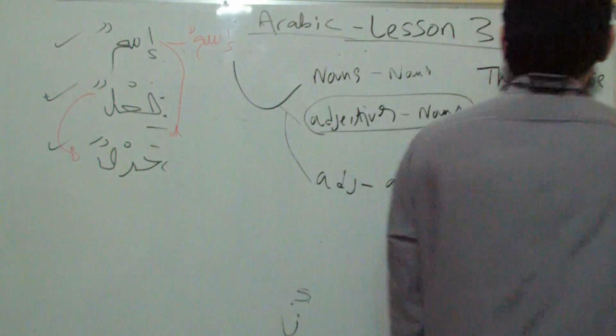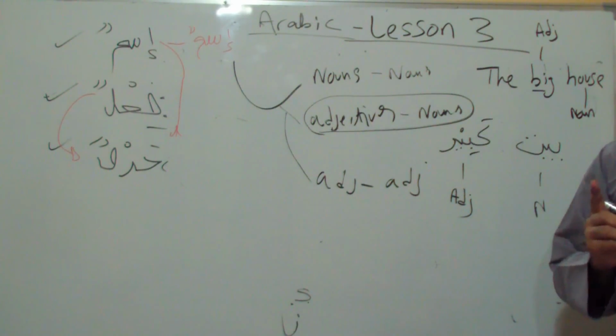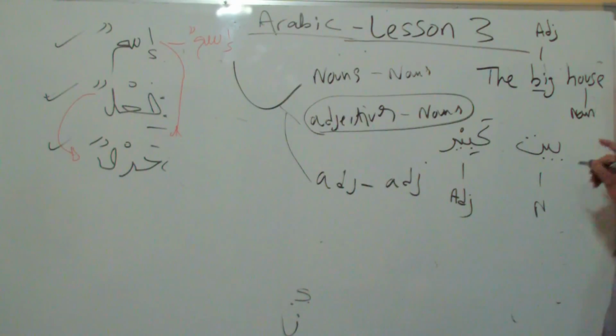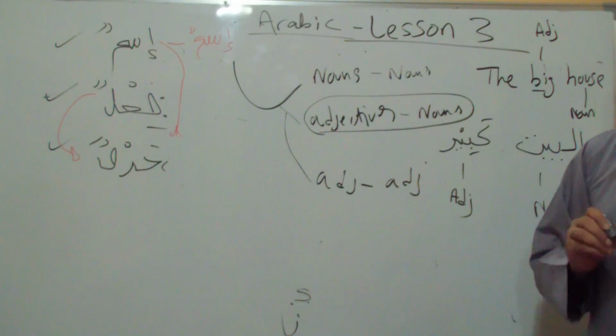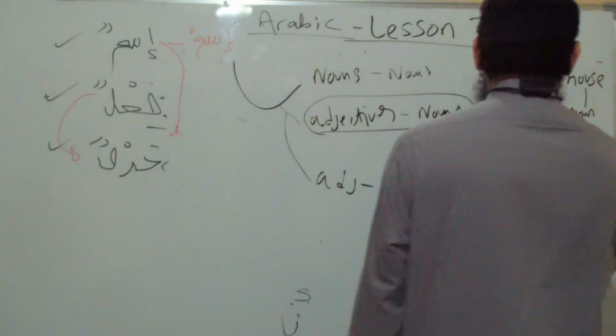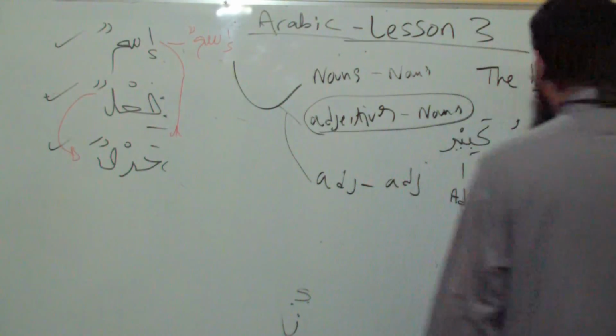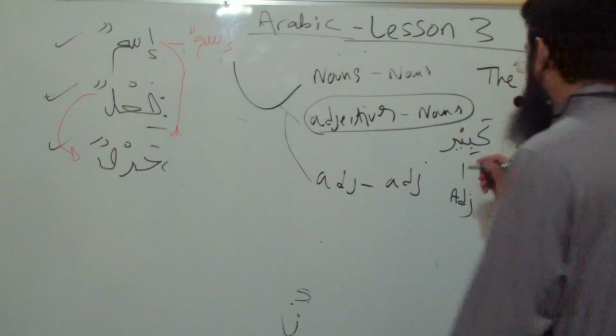Now, if we want to say the, this is called in Arabic al, which is the definite article. So we have to put al: al-baytu. Good. So al-baytu means the house. Right? Now if we want to say the big house, then what do we do with kabiru?